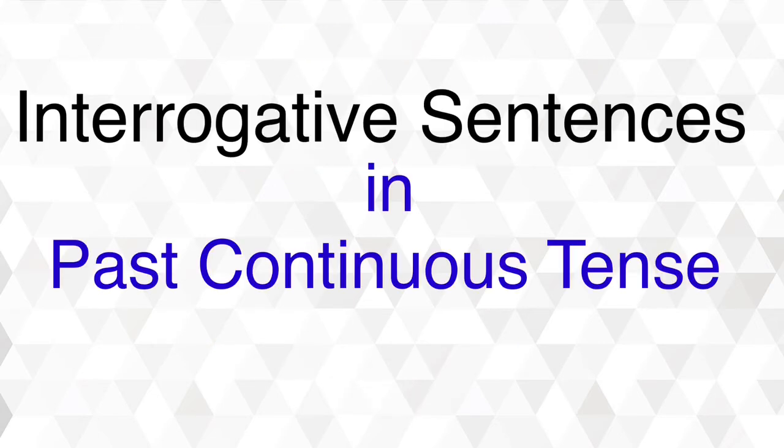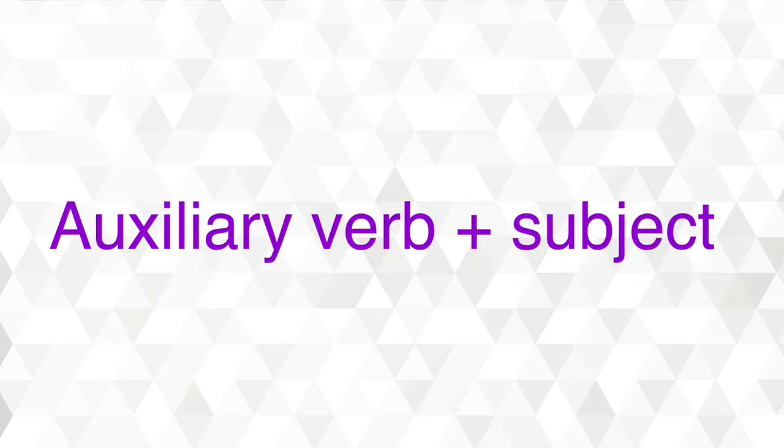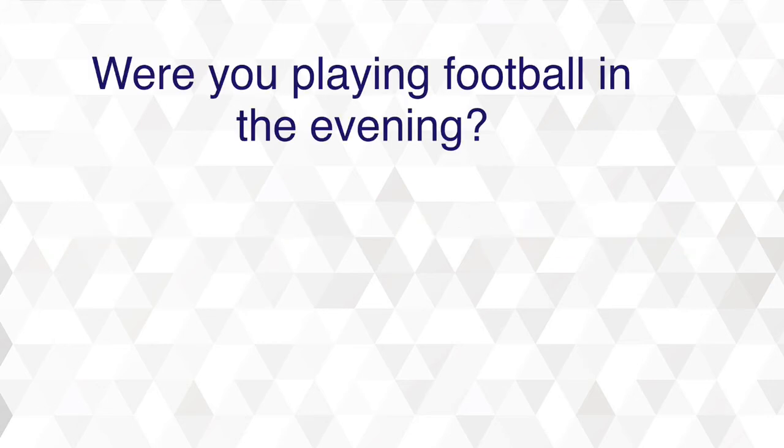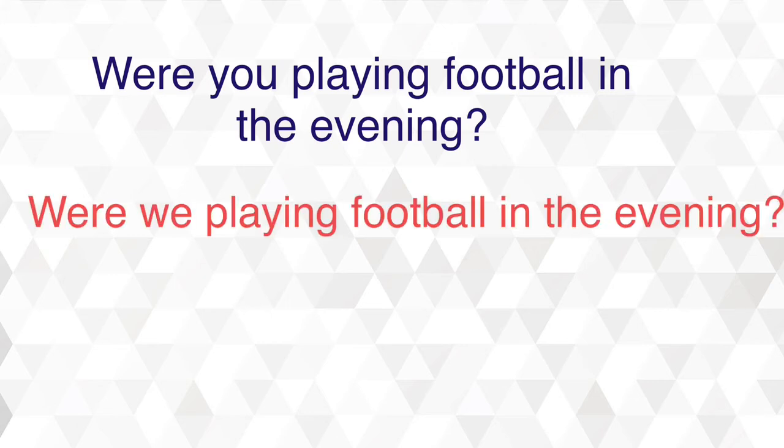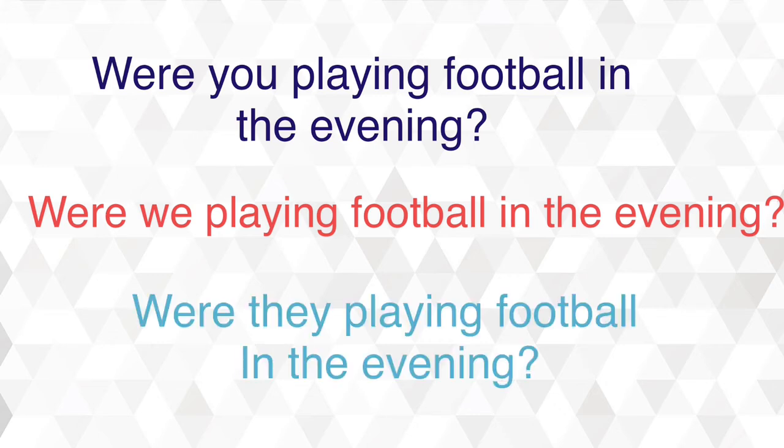Now, to form interrogative sentences in past continuous tense, the auxiliary verb is placed before the subject. Were you playing football in the evening? Were we playing football in the evening? Were they playing football in the evening? So what do you notice?